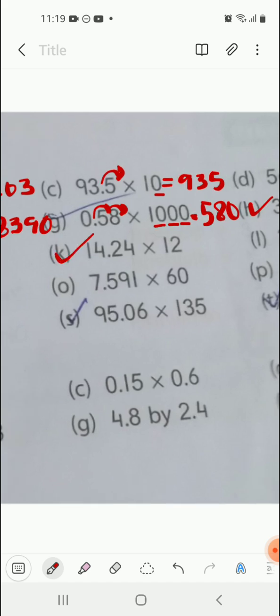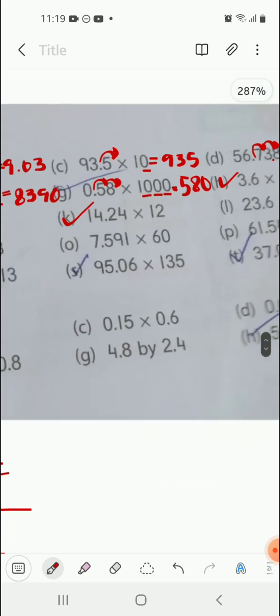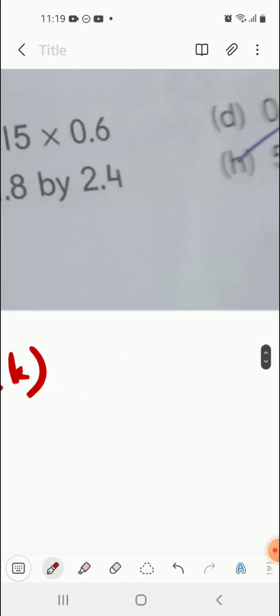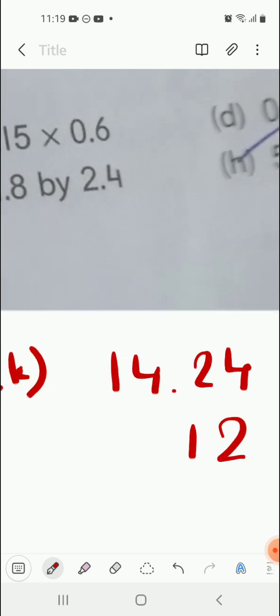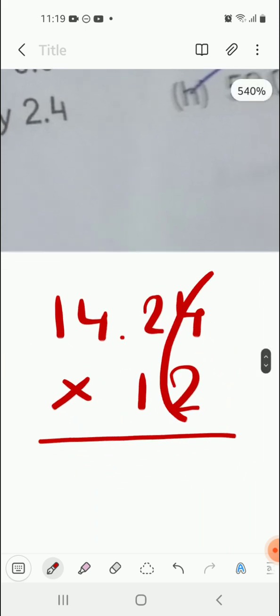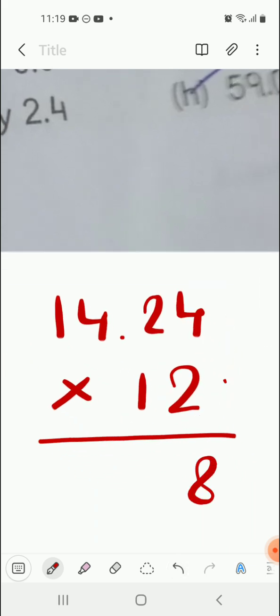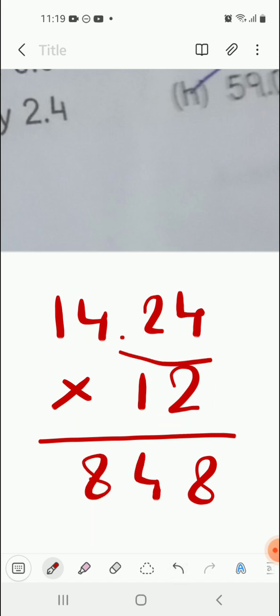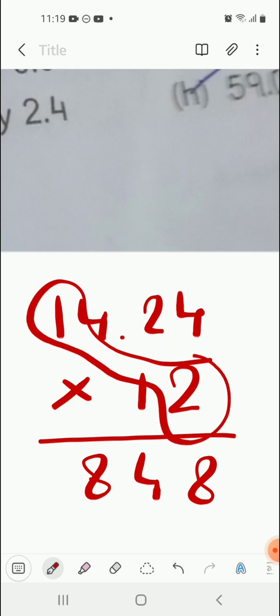14.24 into 12. So let's do it. Number K, 14.24 into 12. Ignore the decimal point and simply multiply the numbers. It's 4 into 2, 8. 2 into 2, 4. 2 into 4, 8. 2 into 1, 2.